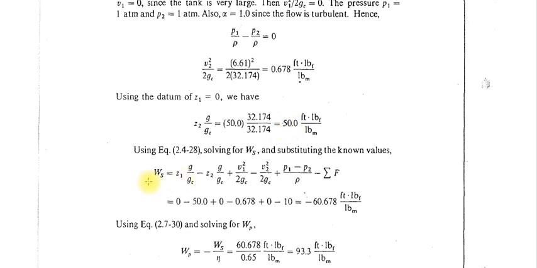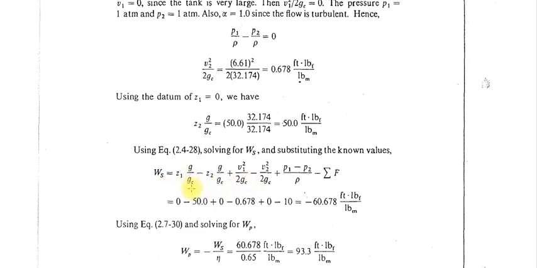Now you have to write the equation, basically the mechanical balance equation. So Ws equals Z1 g by gc minus Z2 g by gc plus V1 square by 2gc minus V2 square by 2gc plus P1 minus P2 by rho minus sigma F. So this is the mechanical balance equation in the British unit. There is a slight difference between the British unit and SI unit. In SI unit you do not use the gc term.